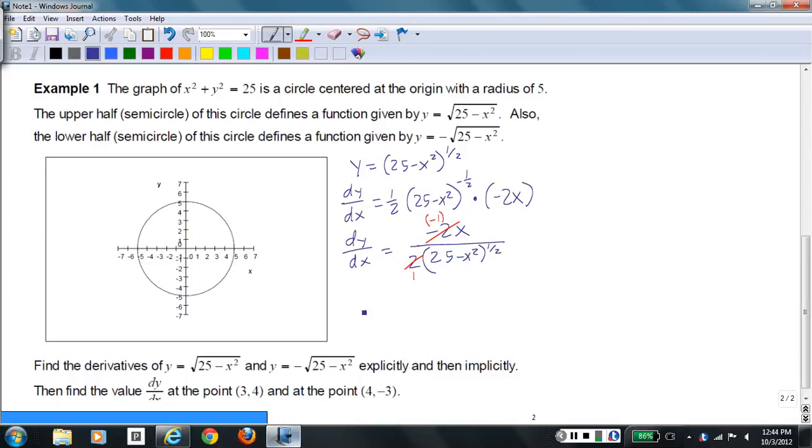So what we'll get is dy/dx equals negative x over the square root of 25 minus x squared.